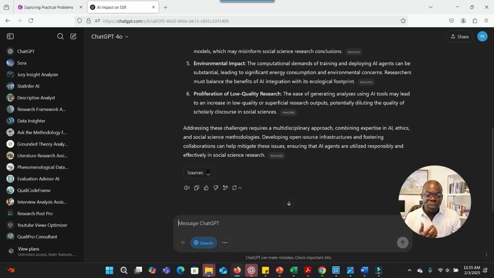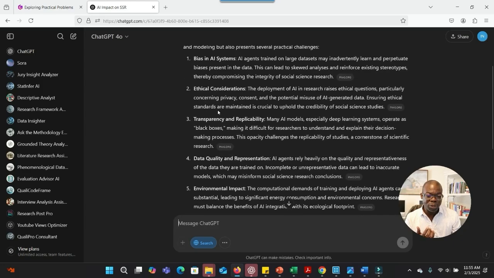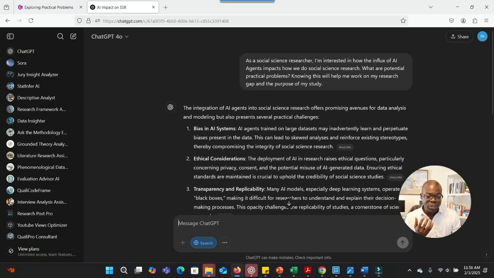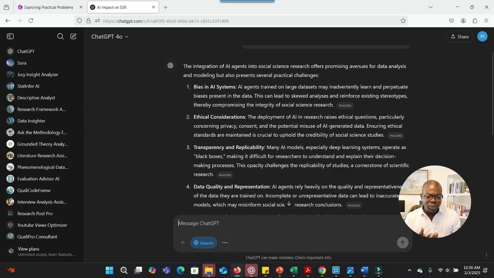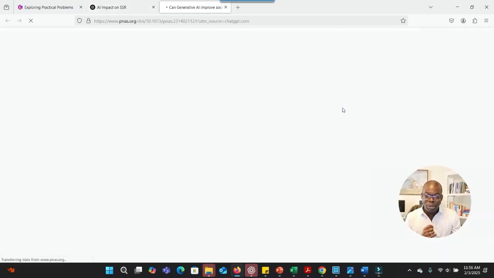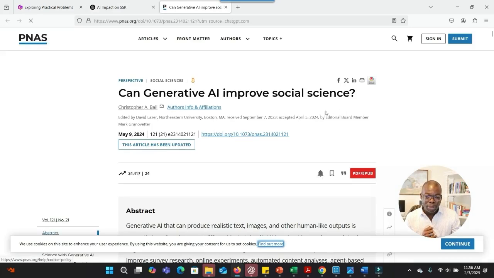So all these are the problems that we have to focus on. This one gives you ideas about the specific problems. So now you gave the system an interest, and they gave you a lot of problems that you may choose from, right? So we can choose the first one, bias in AI systems. Now when you decide, you can click on this one to learn more about the issue of bias, right?